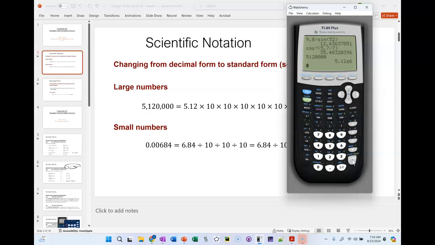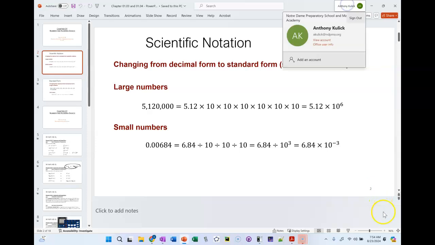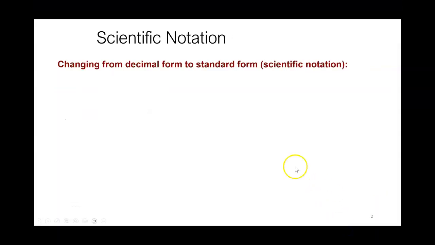Now, I don't think that you really need your calculator to put things in scientific notation, but in a test setting, if you're having a doubt, it's nice to remember that your calculator will do that for you. Turn that back off and continue along the way.